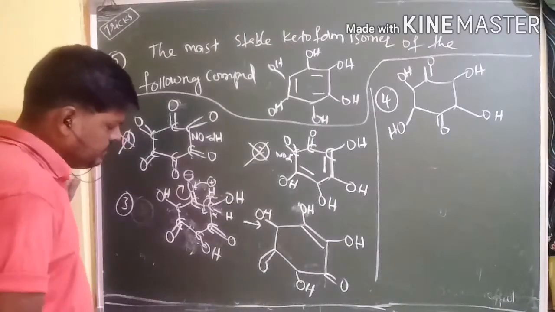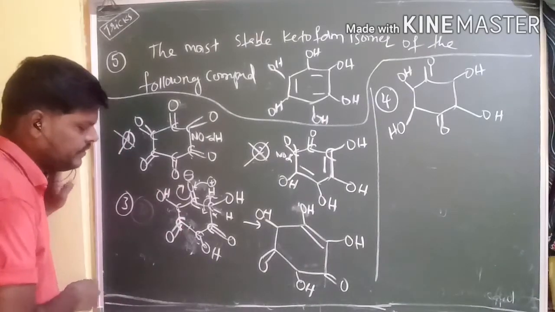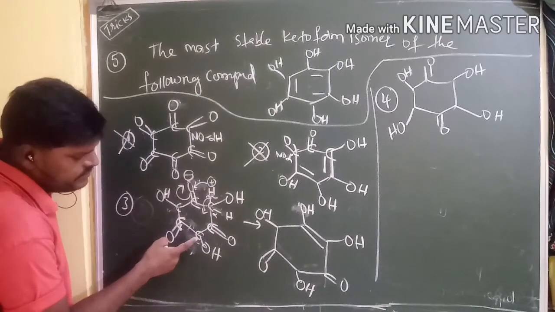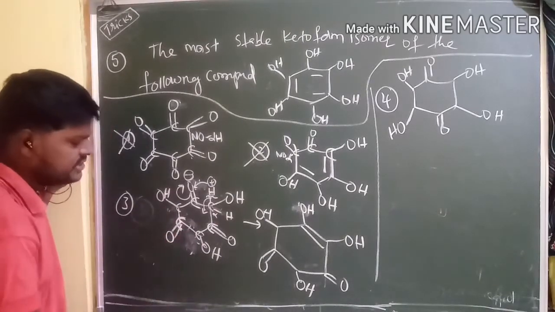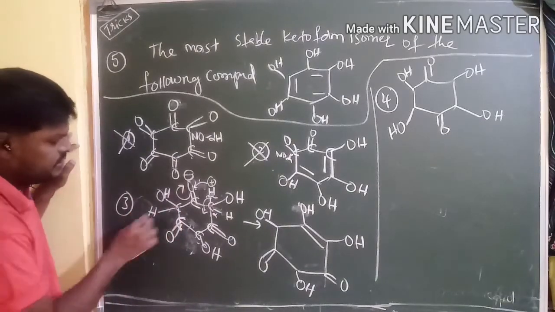Coming to the next keto group, yes, this is the next keto group here. This keto group is attached to this carbon and this carbon. Here this carbon is saturated and this carbon is also saturated. Yes, I want to use this carbon's alpha hydrogen.